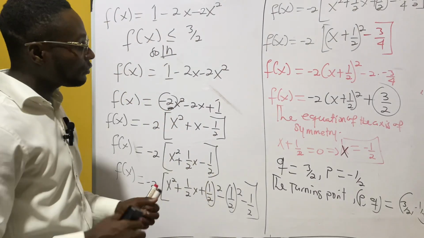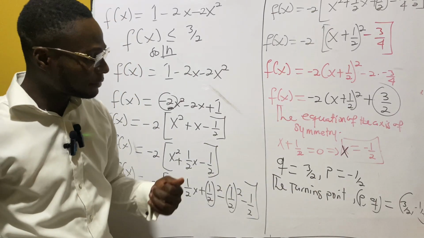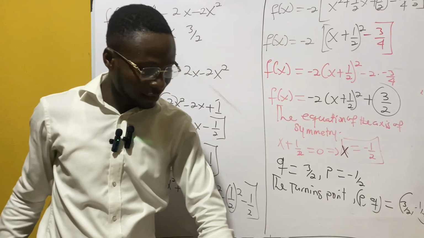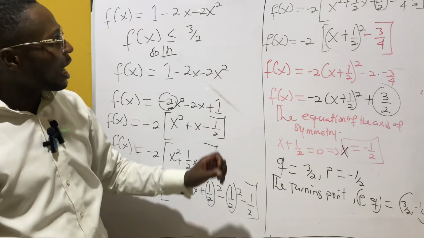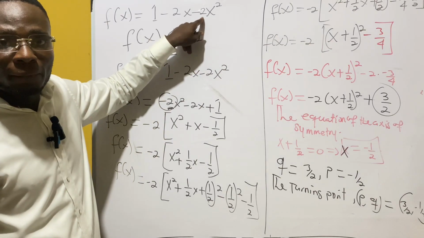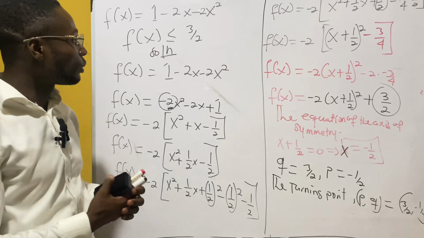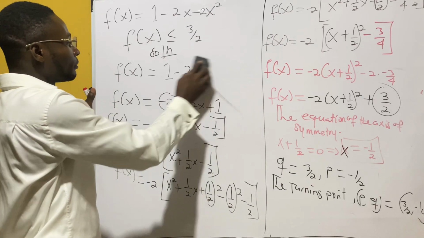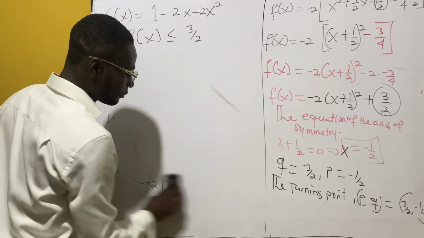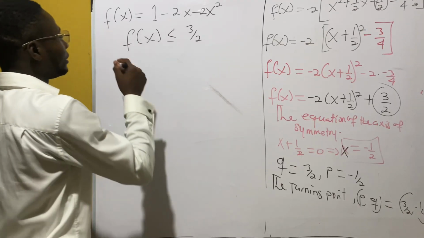So this, of course, will have a maximum turning point, because our A, the coefficient over here, is less than 0.